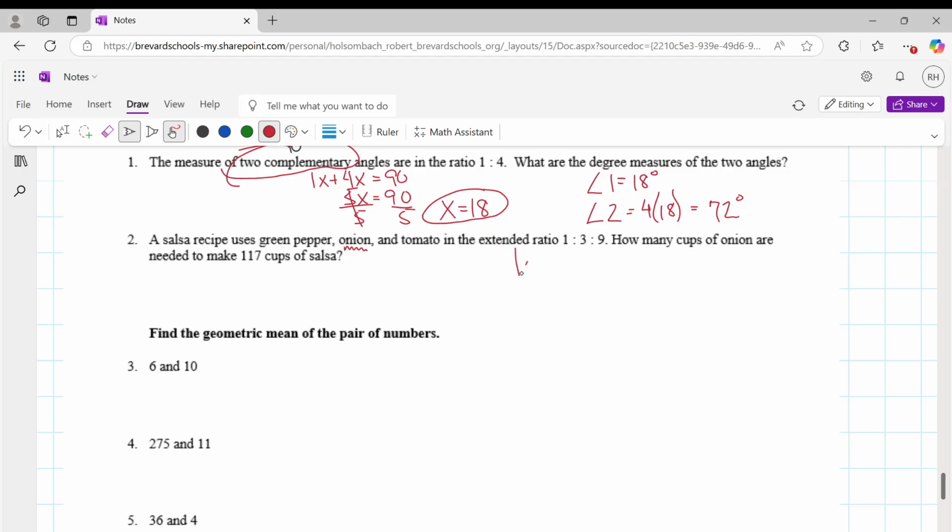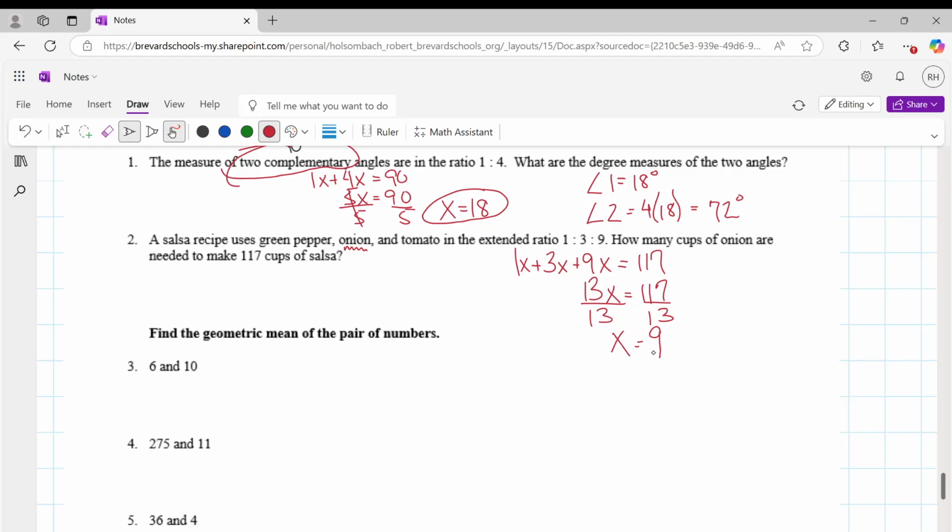So we're going to do 1x plus 3x plus 9x, and set it equal to 117. So that's 4 and 9, 13x equals 117, and divide by 13. So our x is equal to 9.